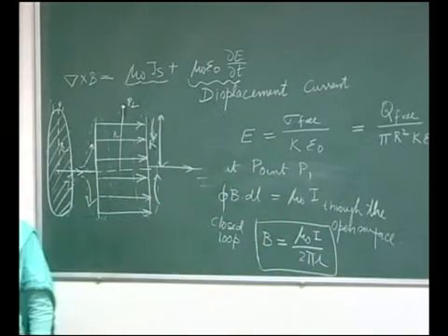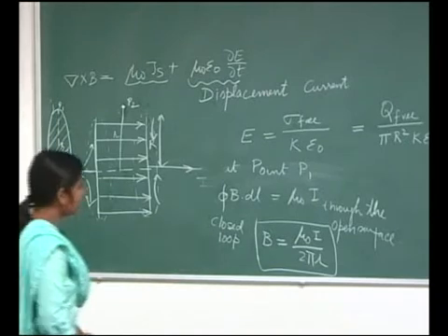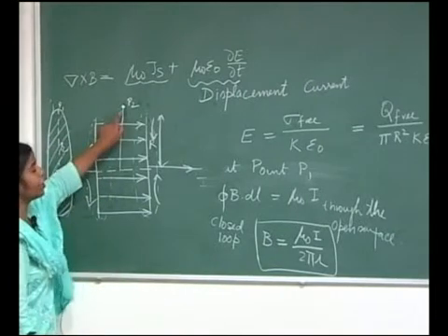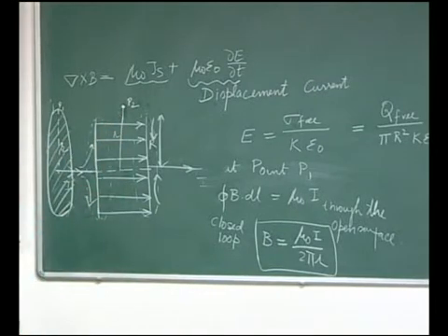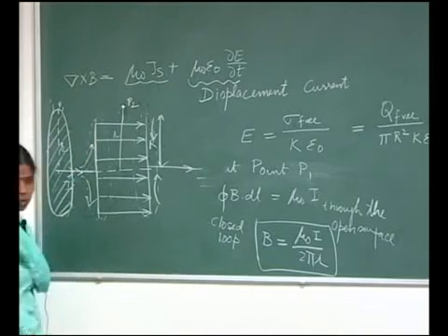Okay. This is not something new, we all know this, we calculated this in Ampere's law, and this is perfectly fine. But now what about point P2? If I assume that there is some effect of this magnetic field at point P2, there should be some small magnetic field.